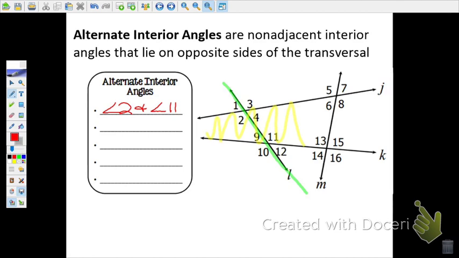So 2 and 11 are alternate interior. So angle 4 and angle 9 are alternate interior. So 2 pairs of alternate interior angles when we have 2 lines cut by a transversal.